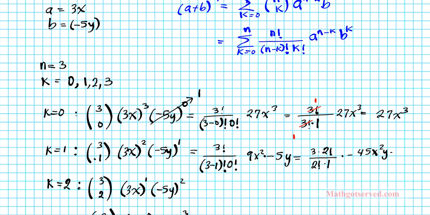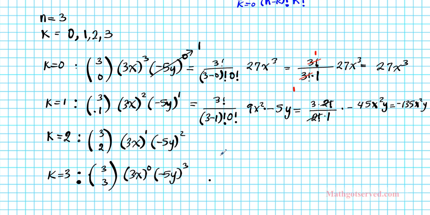And then when we work this out, these two cancel out. That's why I stopped at 2 factorial, so they cancel out. 3 times negative 45 is negative 135 x squared y. That's the second term in the binomial expansion.